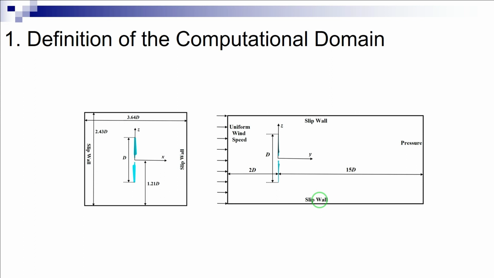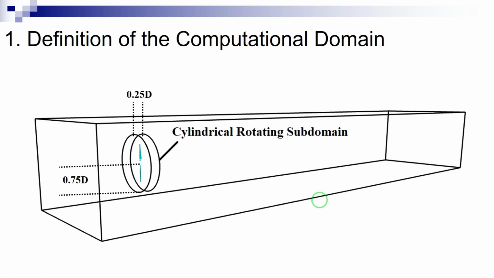The present simulation involves the rotating blades of the wind turbine within stationary outer boundaries. Therefore, the computational domain to model the rotor rotations has been divided into two subdomains: a stationary rectangular subdomain and a cylindrical rotating subdomain, as shown in this figure.